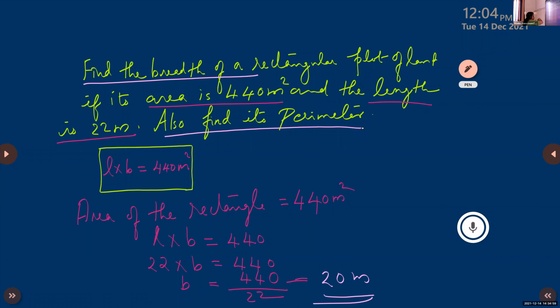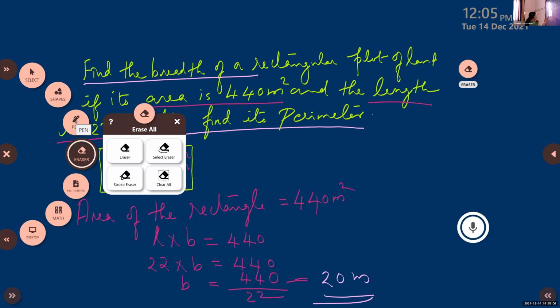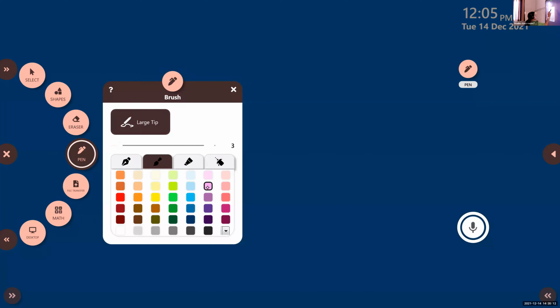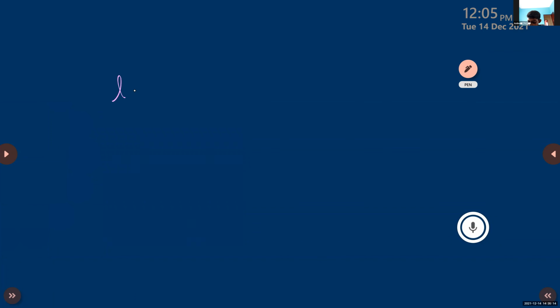So we got length is 22 and breadth is 20. We have to find the perimeter of the rectangle.